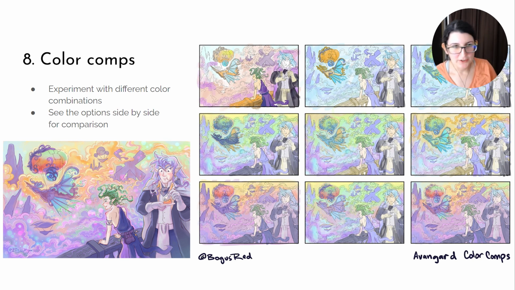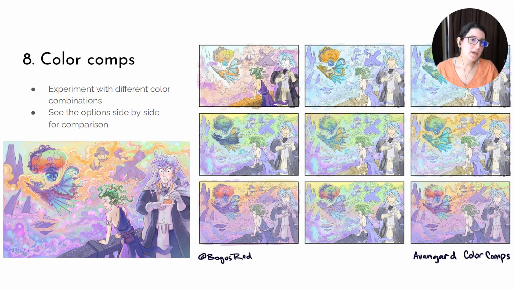So I don't know about you, but color is a very important part of my illustrations. But I have a hard time deciding what colors to use because I love them all. So one of the things that I do is something called color comping, where you take your sketch, you duplicate it multiple times onto one image so that you can see multiples of your sketch, and then you paint on top with different colors and try different color combinations to see what you like.